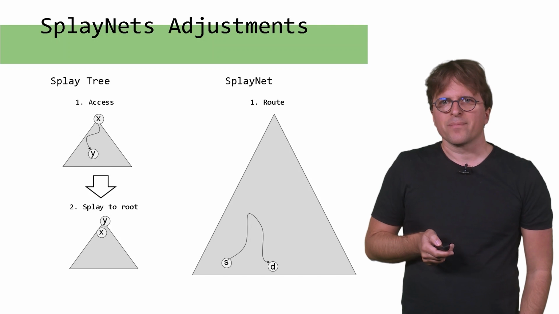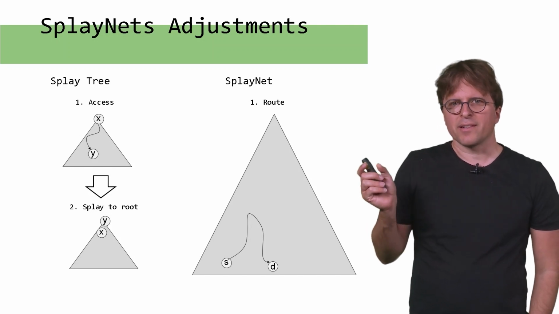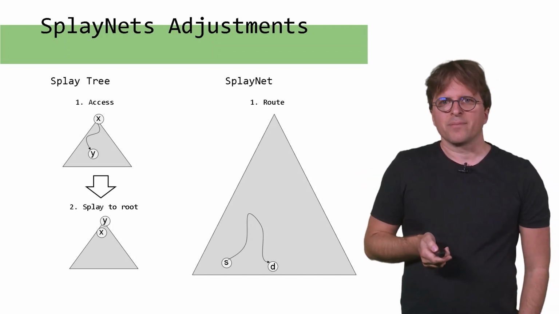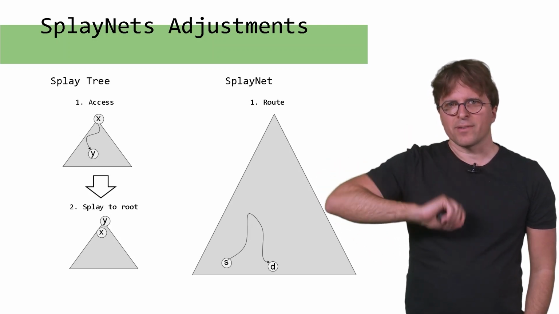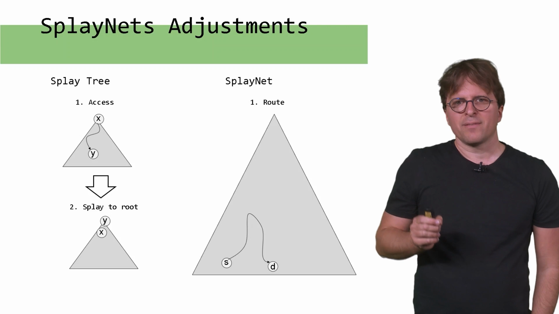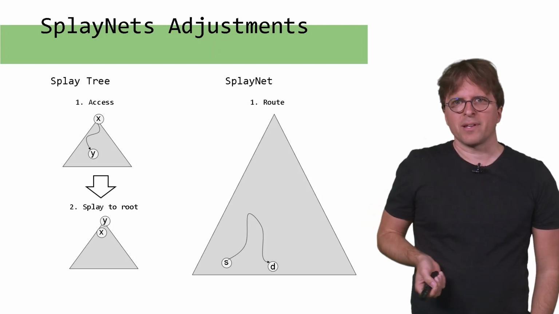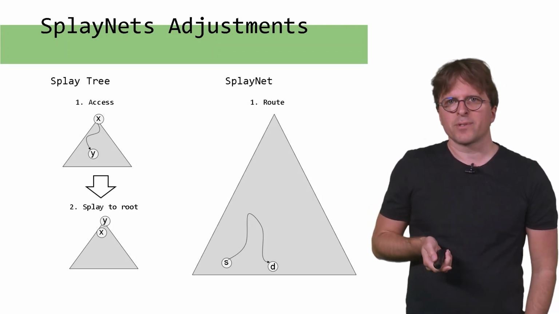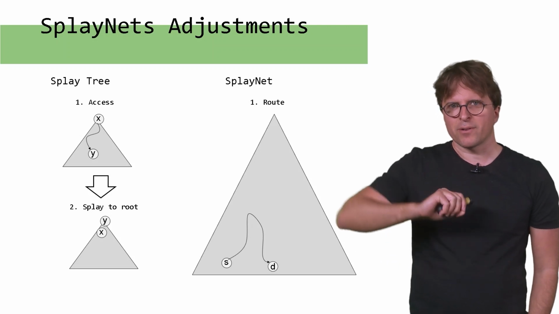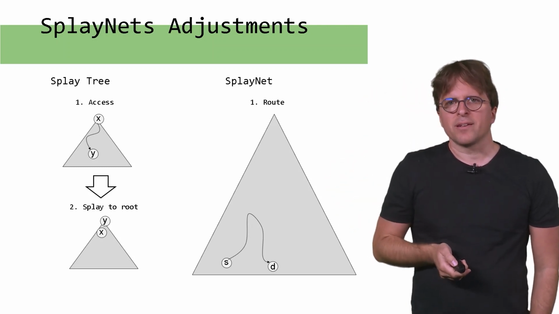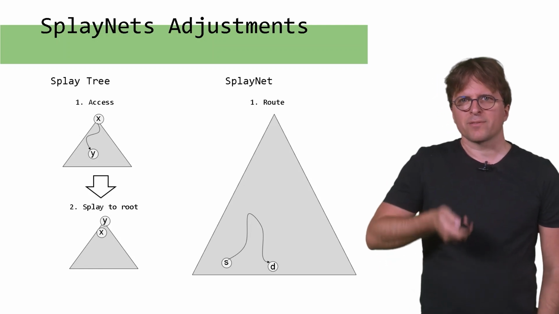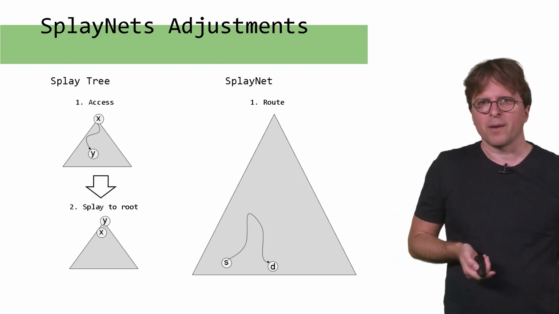In a network, we have this S and D, and what we could do is, upon access, if S accesses D, move both of them individually to become the root of the binary search tree. So we could splay them up, both of them, to become the root. But that may be quite inefficient, because we have to promote them all the way up to the root.